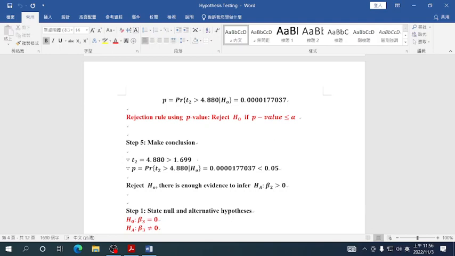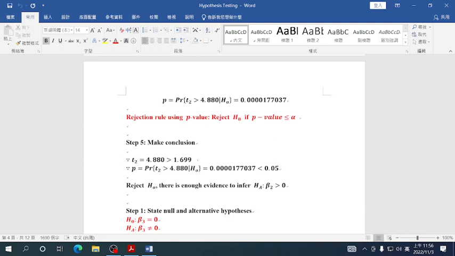If this one is smaller and this one is larger, it all falls on the rejection region, look at the diagram.